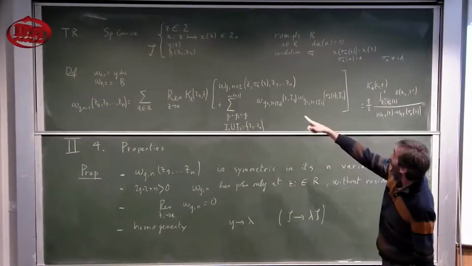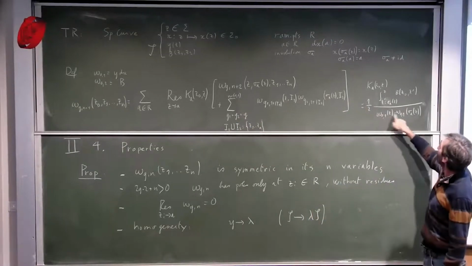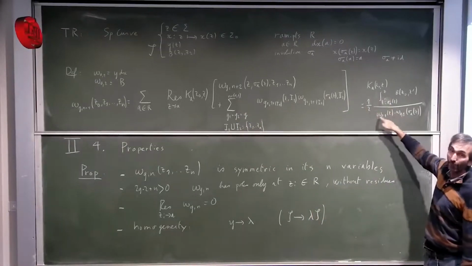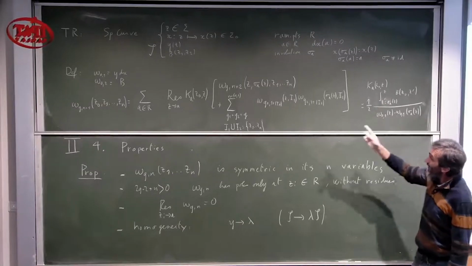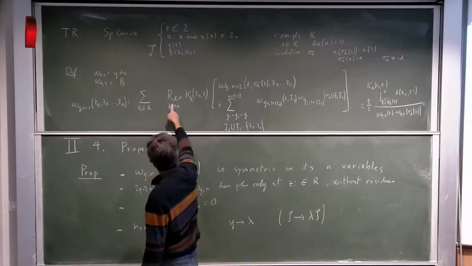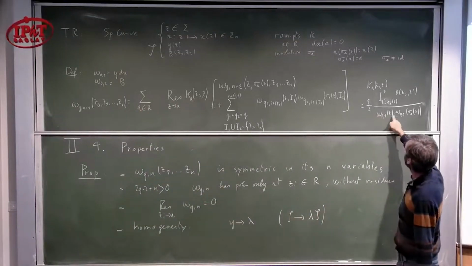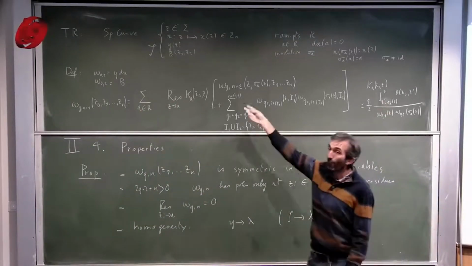The only place where y appears in the recursion formula is in the denominator of K. So each time you do this operation, if you have multiplied omega 01 by lambda, you get an extra 1 over lambda.